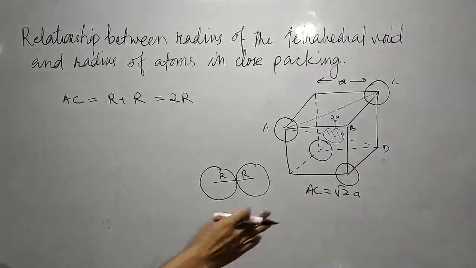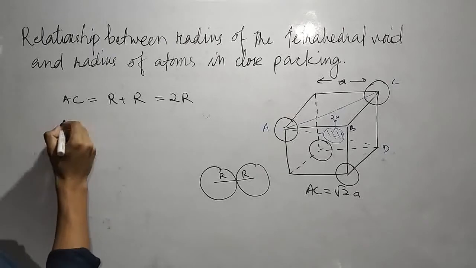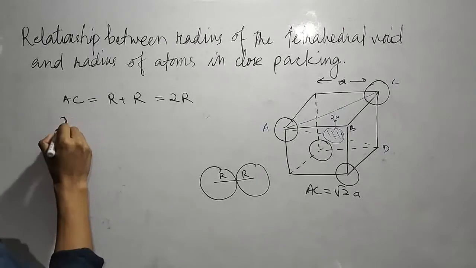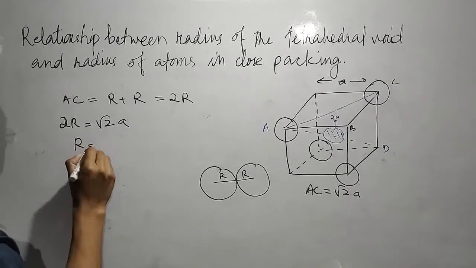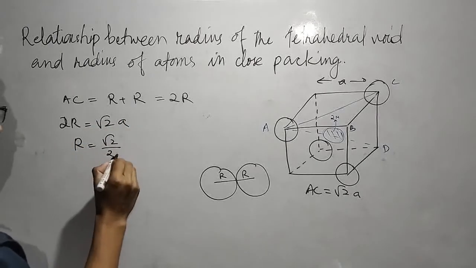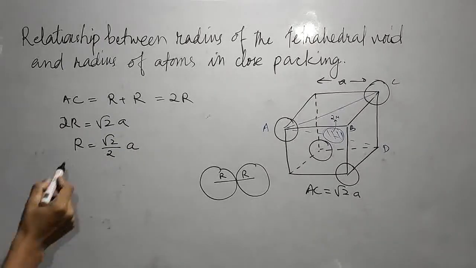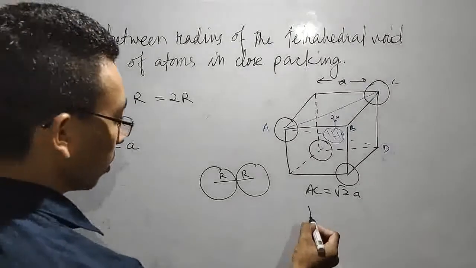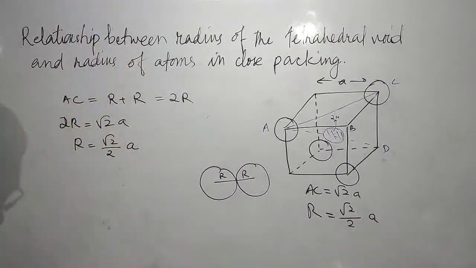And we also know that AC is root 2 a. So 2R equals root 2 a, R equals root 2 by 2 a. This is the value of R.